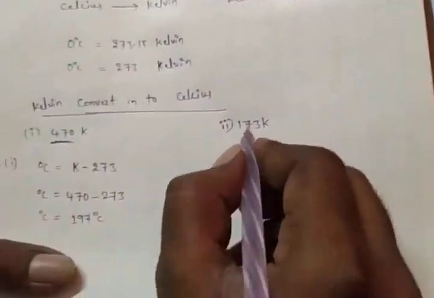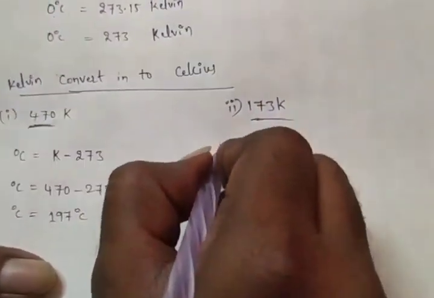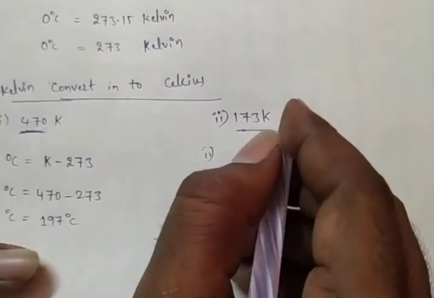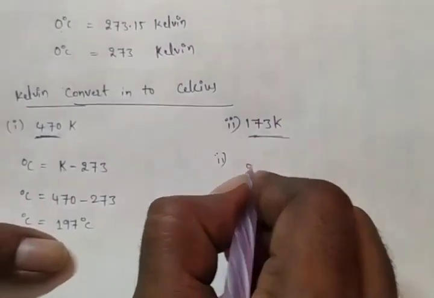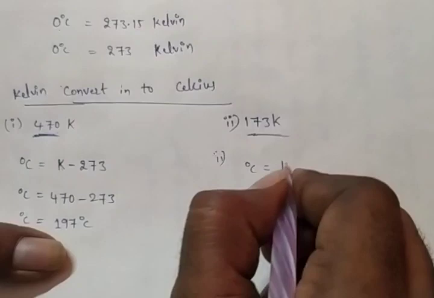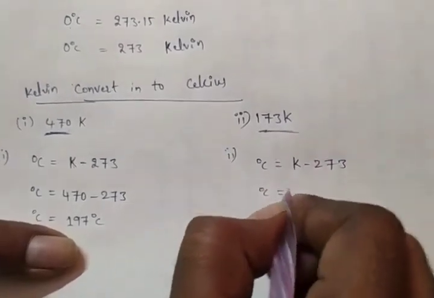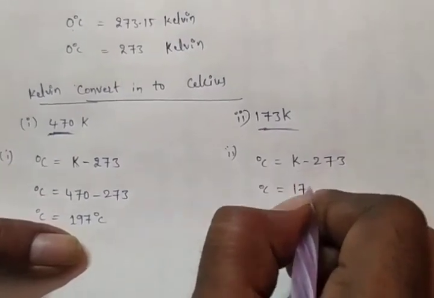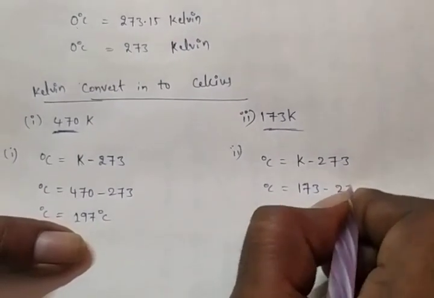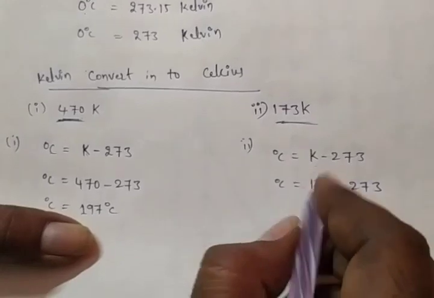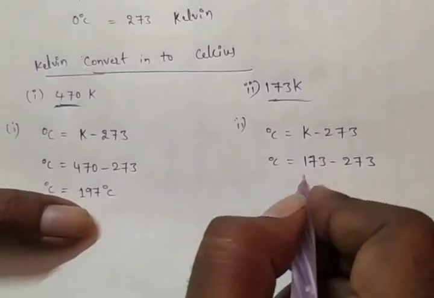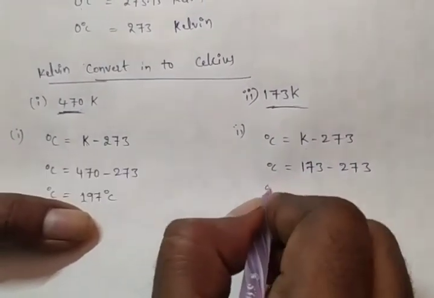In the same way, for the second one, they gave 173 Kelvin. Degree Celsius is equal to Kelvin minus 273. The Kelvin value is 173, so 173 minus 273 is 100. Is that plus 100 or minus 100?